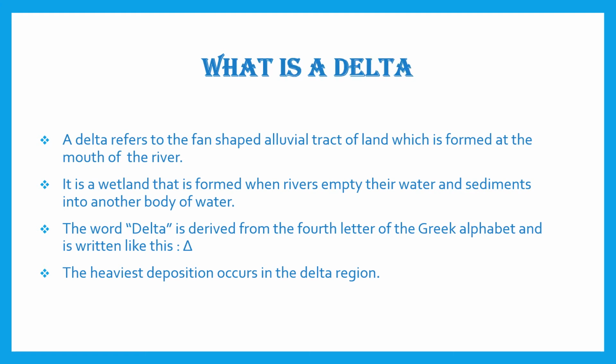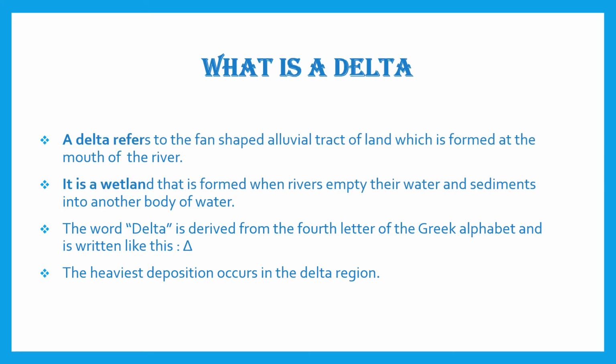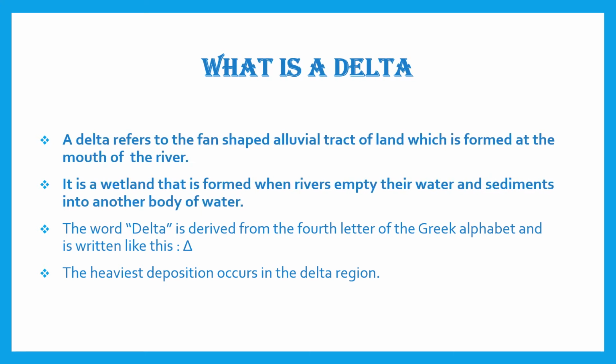What is a delta? A delta refers to the fan-shaped alluvial tract of land which is formed at the mouth of the river. It is a wetland that is formed when rivers empty their water and sediments into another body of water.